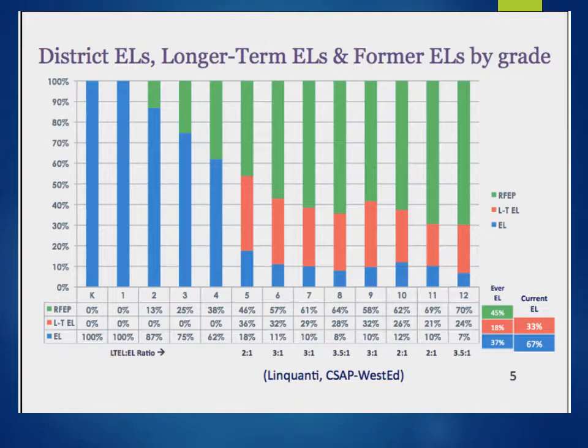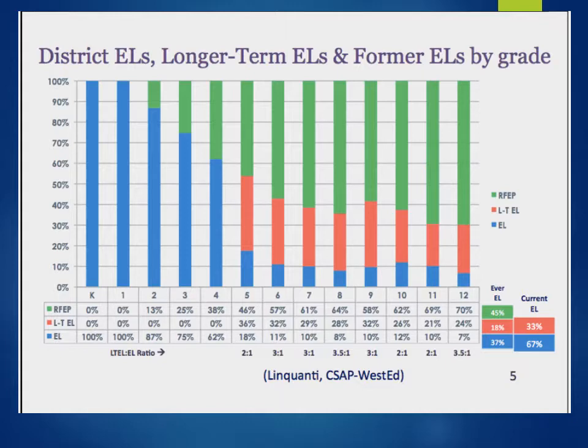So the interesting thing is, though, that most districts only look at the blue and the red. And we will note when we look at our Delaware data that we have a large number of English language learners in elementary school, and suddenly we only have 10% or very small percentage of English language learners in middle school and high school.